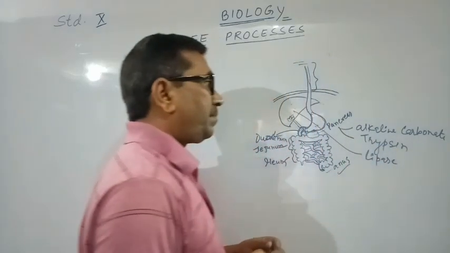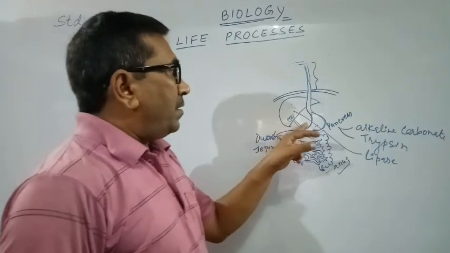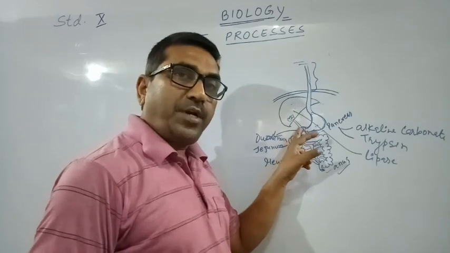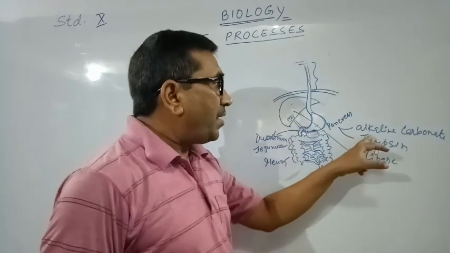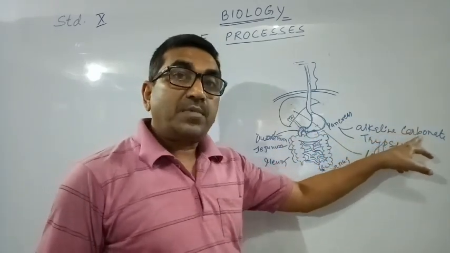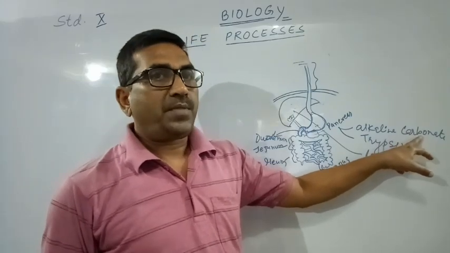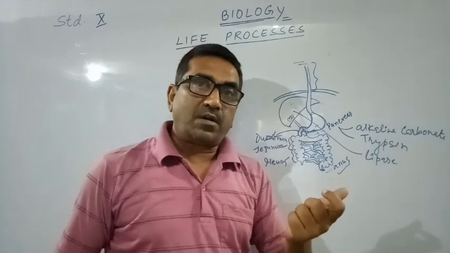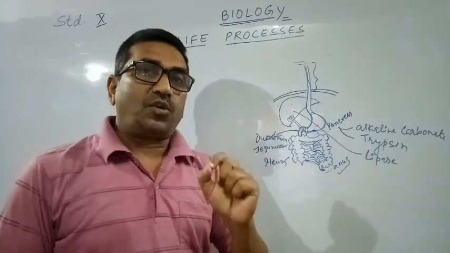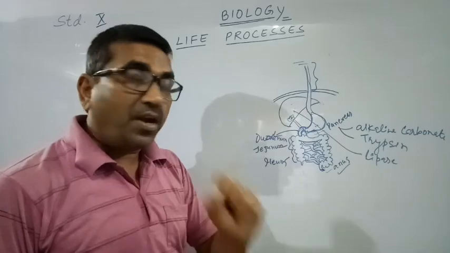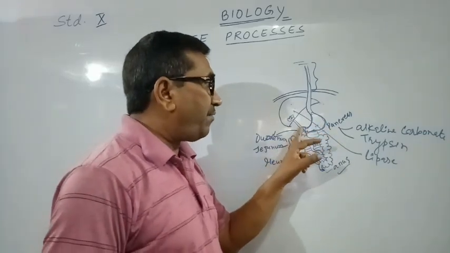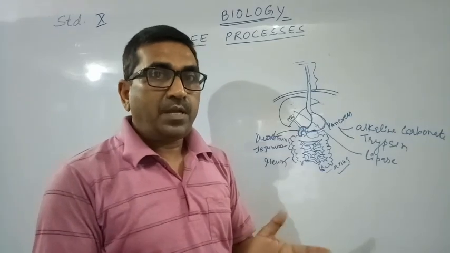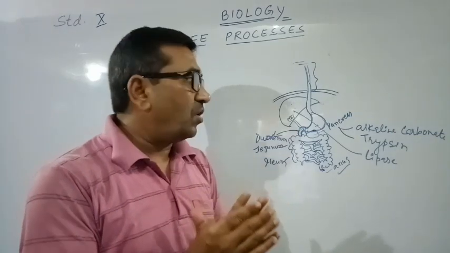The pancreatic juice that is released into the duodenum is alkaline carbonate. Alkaline means it is a basic carbonate. When acid and base react, they form salt and water. It means the action of the acid released in the stomach is nullified in the duodenum itself. It ends right here, becoming salt and water.